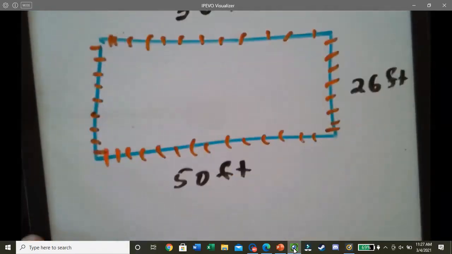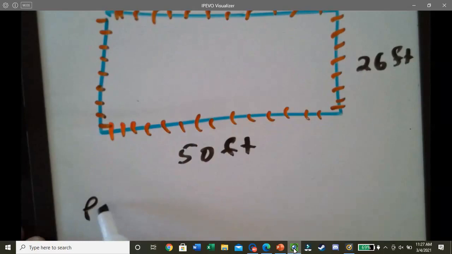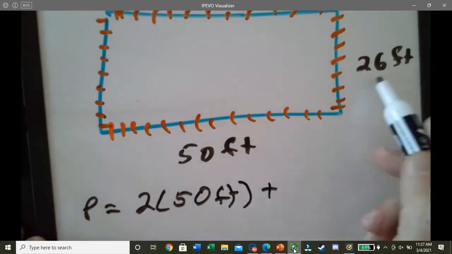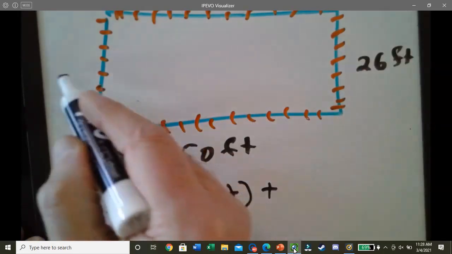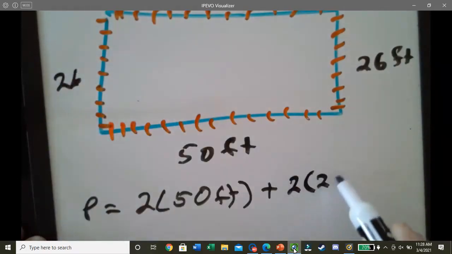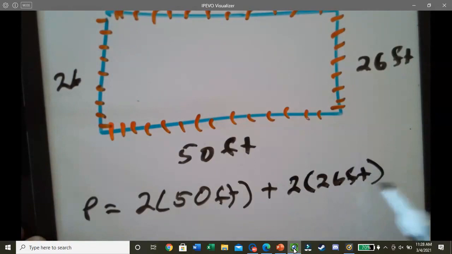So we can say that the perimeter is 2 times 50, which is 100. And if this side's 26, this side's 26 as well, so that would be 2 times 26 feet. Well, 2 times 6 is 12, that's 52.